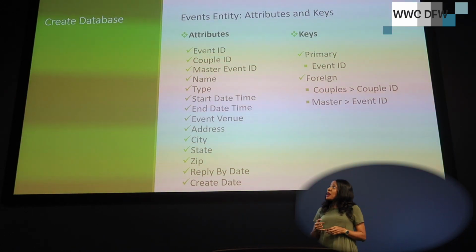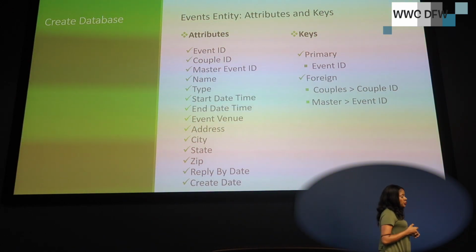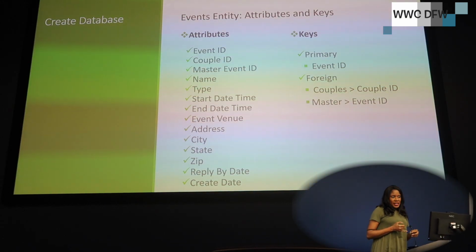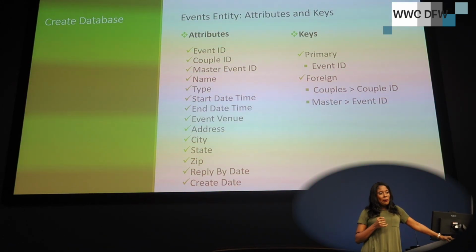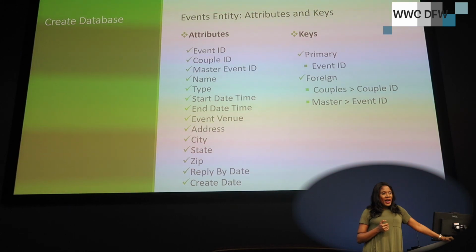page. The master event ID relates to when an event is created. If the couple is going to have a wedding, that's one row in the data set. You with me?